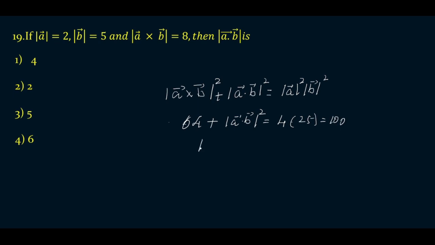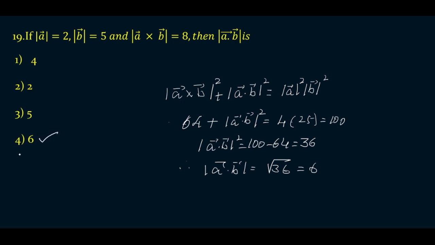Therefore, magnitude of vector a dot b whole square is equal to 100 minus 64. This value is equal to 36. Therefore, magnitude of vector a dot b is equal to root 36, its value is equal to 6. Is the answer. Where is 6? It is in the fourth option. Therefore, the fourth option is the right option.